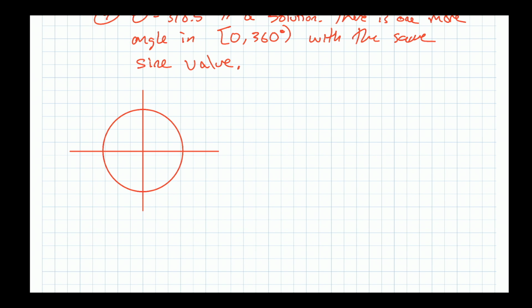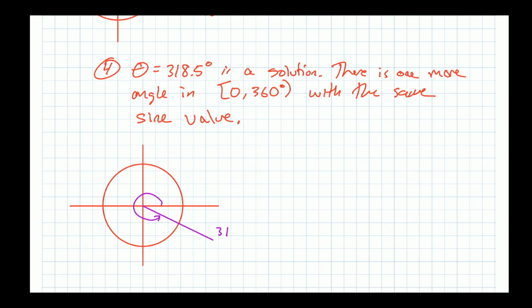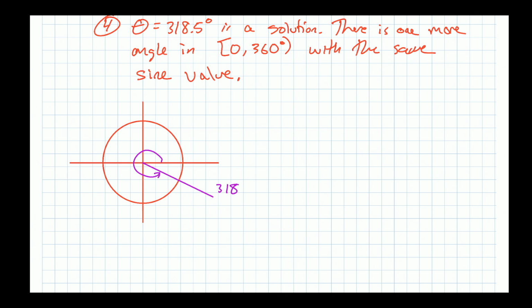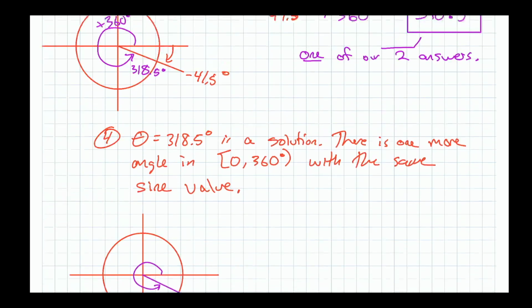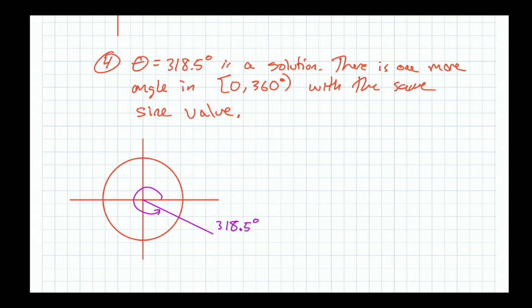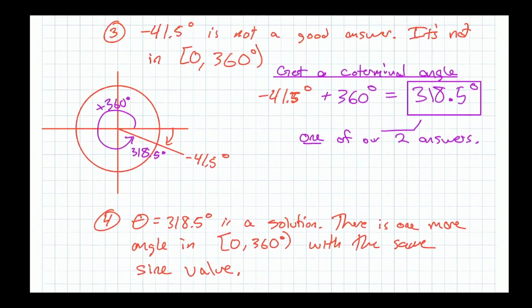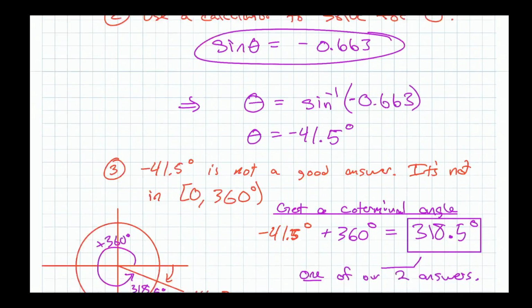So we've got this right now. We've got an angle down here. That angle is 315. Is it 318.5? All right. So what you need to do is say, okay, well, we know that sine theta is negative 0.663.